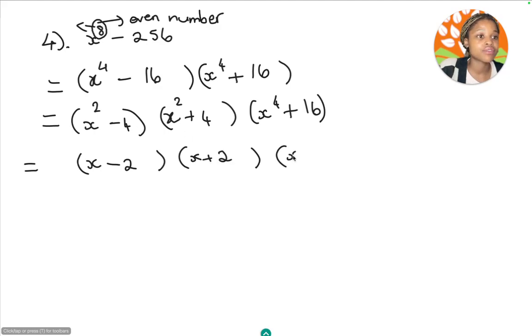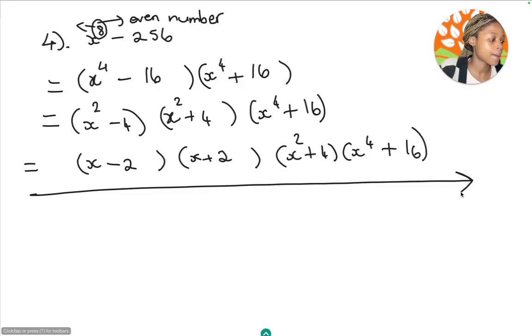Then the rest of the brackets remain the same because I cannot factorize them any further. And this is a long answer, but this is the answer. You have to factorize until the very last step. You have to simplify until the very last step. If you see that you can still factorize using the difference of squares, then you keep going. And this is pretty much what you have.